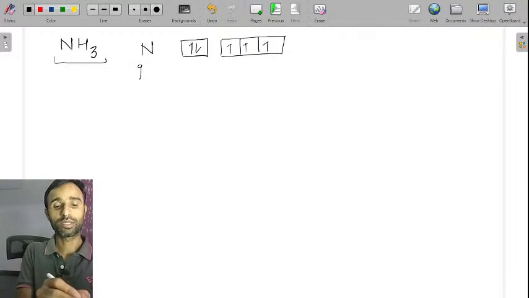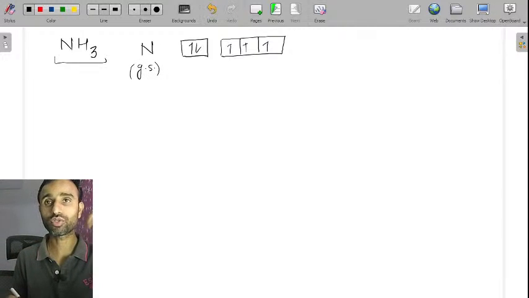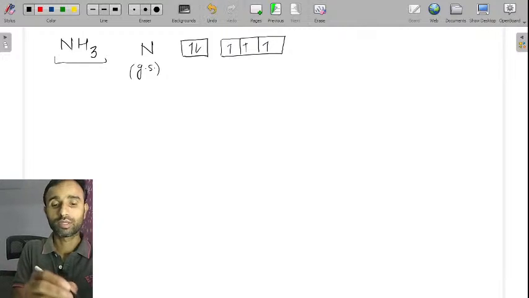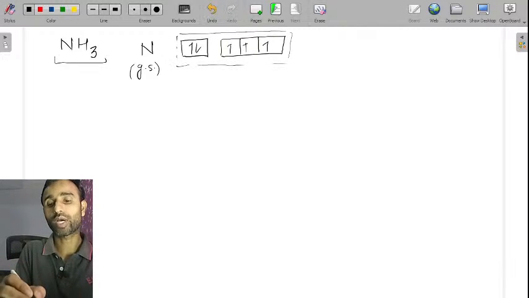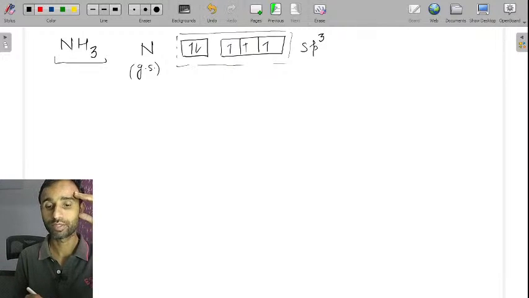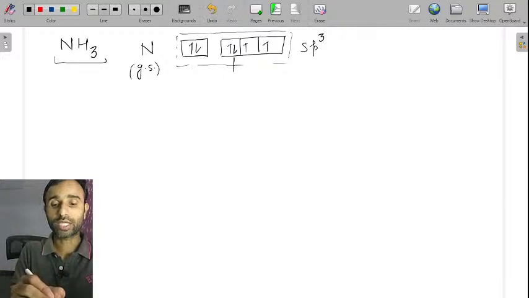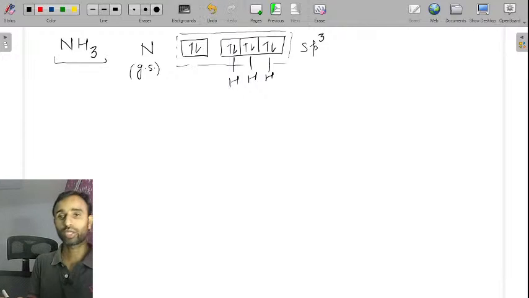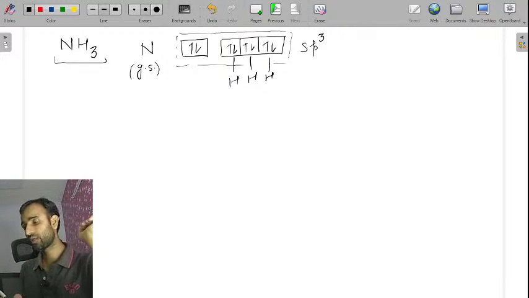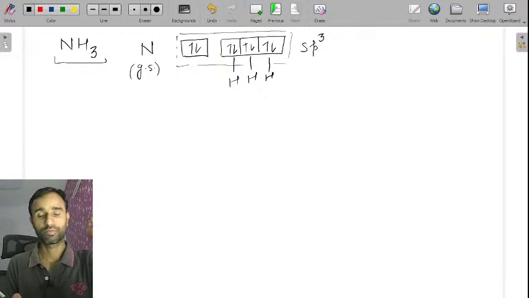Already it has 3 unpaired electrons. So at the very moment they undergo hybridization, sp3, 3 sp3 hybrid orbital overlap with 1s orbital of hydrogen. So there are 3 bond pairs and 1 lone pair, right?